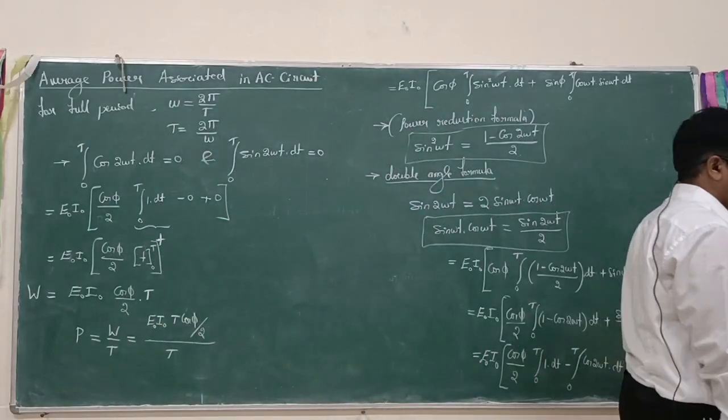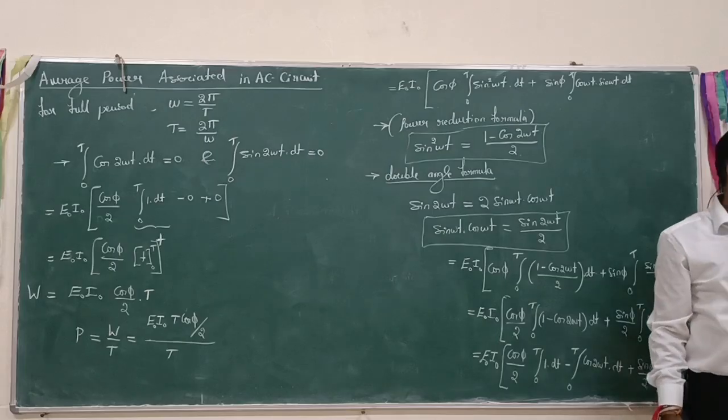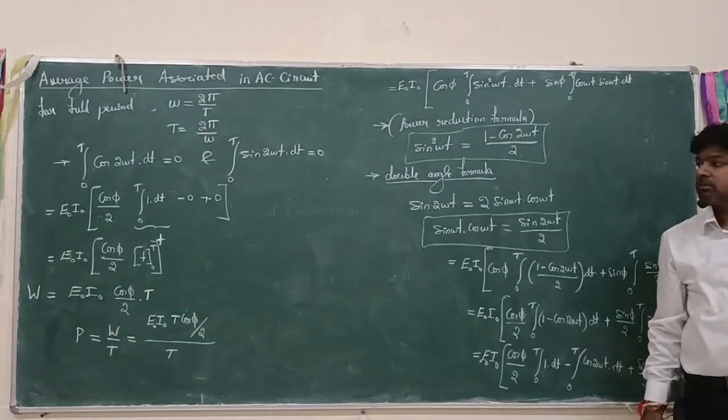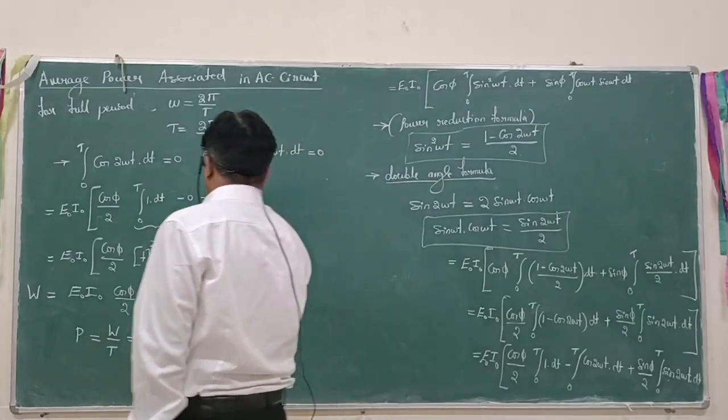What expression is given here? E naught I naught T cos pi divided by 2T. T gets cancelled, and we get E naught I naught divided by 2 cos pi. This is the expression.